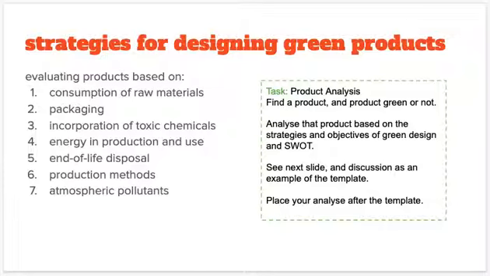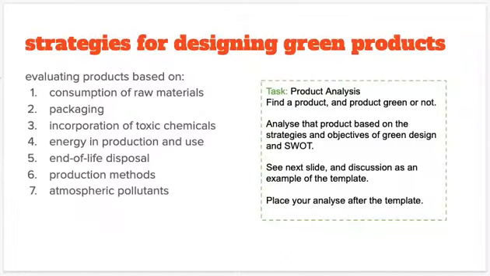So here's the last part of green design. Strategies. Remember in the previous one, I was talking about objectives. So here are some strategies if you're going to design a product, things that are important to consider. These are 7, all right? You can see these, again, it's not unfamiliar to you. End-of-life disposal, thinking about the pollutants, thinking about packaging, thinking about the chemicals inside of the materials.